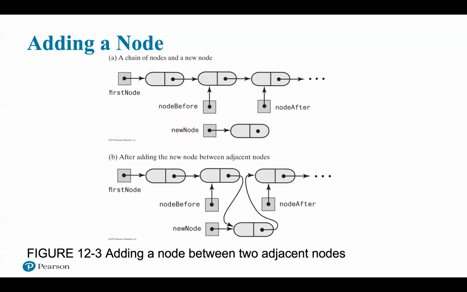To indicate where in the chain the new node should be inserted, let's number the nodes beginning with 1. We need to locate the node at the given position within the chain and get a reference to it. Suppose that the method getNodeAt performs this task for us.